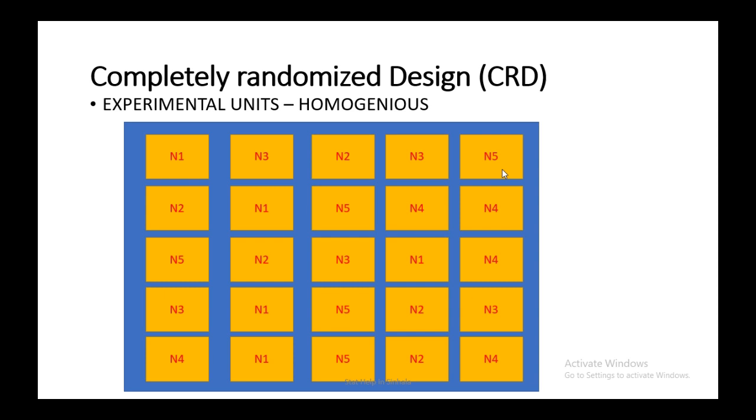So for applying completely randomized design, observations, meaning harvest, should be affected only by the treatment other than the random error.